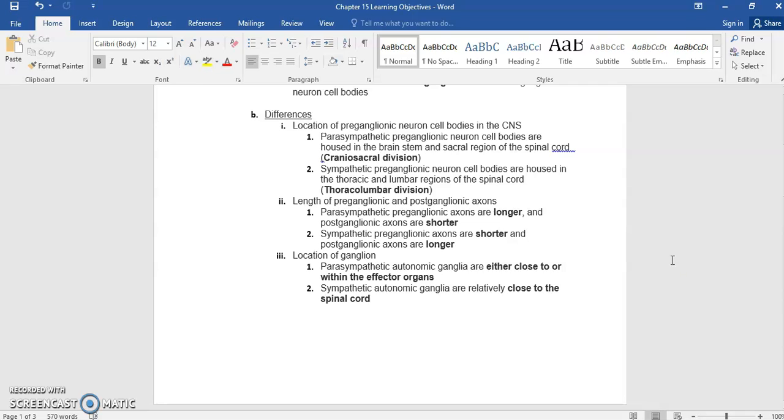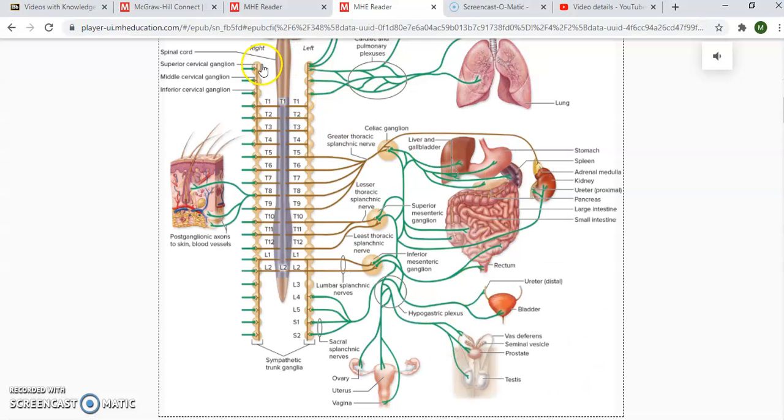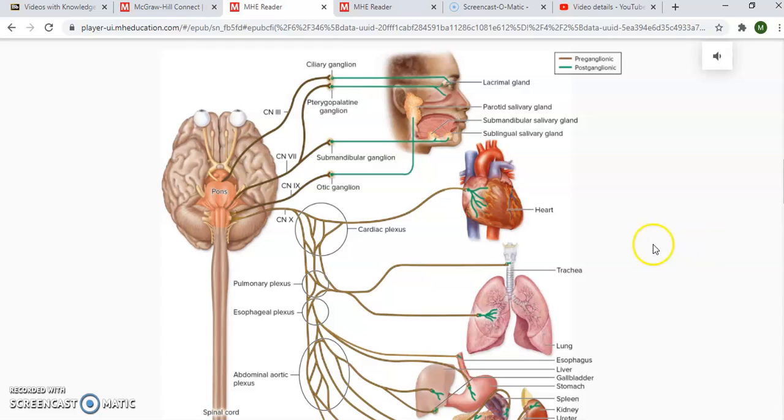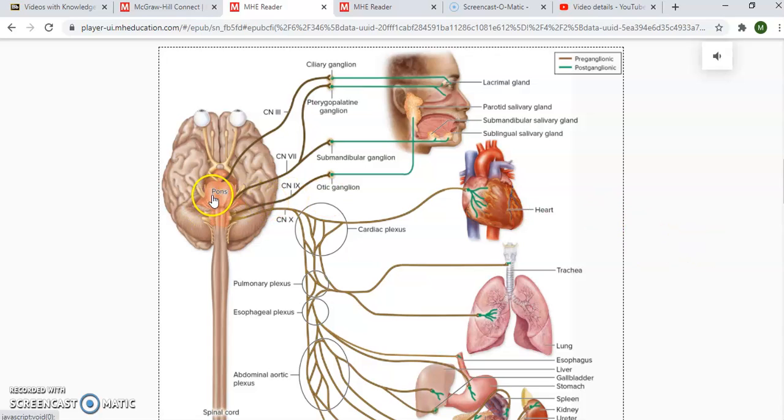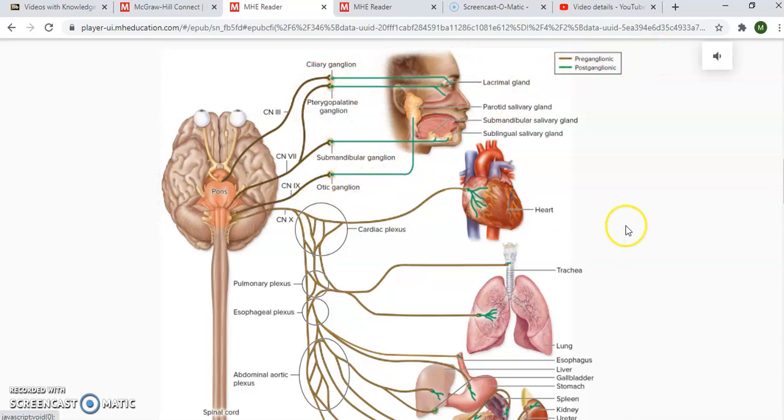And the next anatomical difference has to do with the length of the preganglionic motor neurons and the ganglionic or postganglionic motor neurons. So in our pictures, we'll go back to our parasympathetic. Remember, the preganglionic are the brown, and then the postganglionic or the ganglionic are the green.